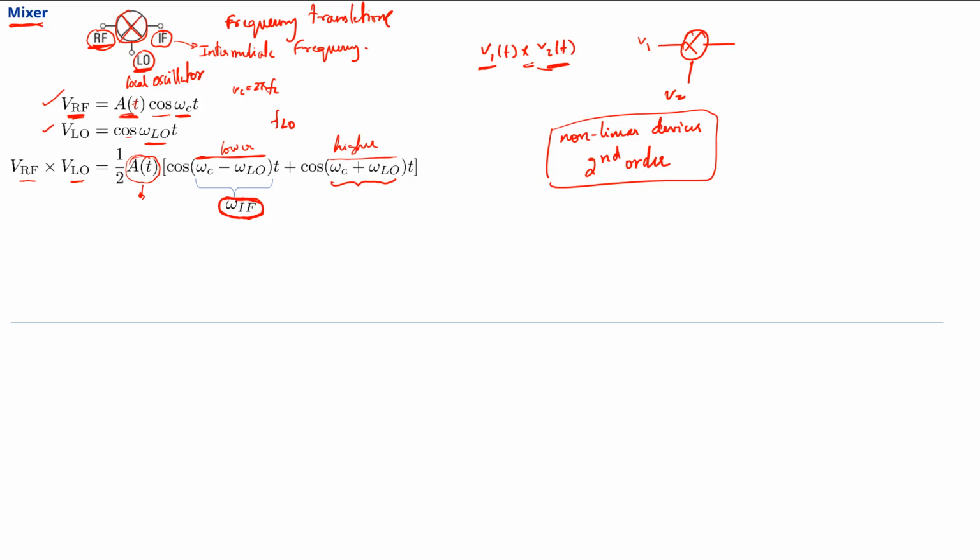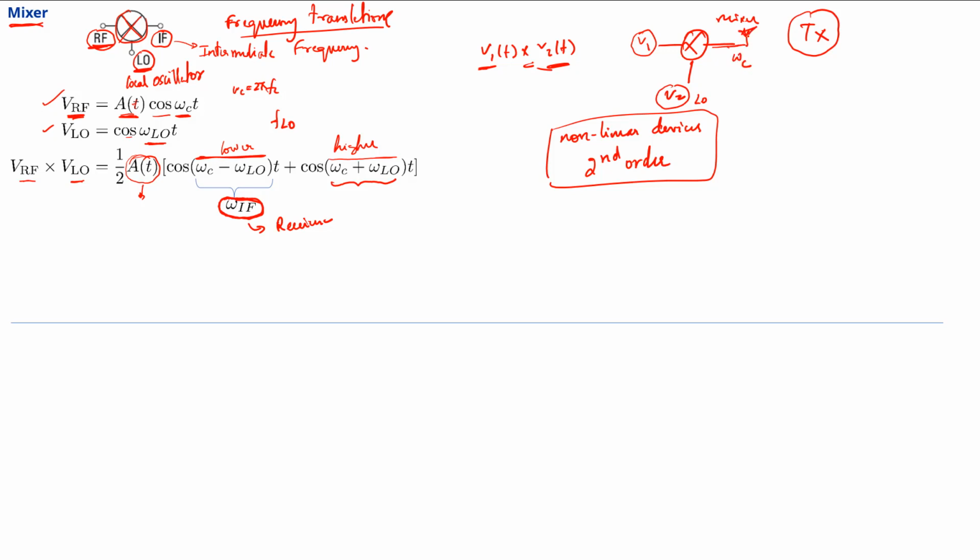Essentially, the same principle of a mixer can be used for a transmitter. The case of IF is for the receiver, but in a transmitter you have a certain baseband signal and a certain local oscillator LO, and you want to translate the frequency to something high, maybe a carrier frequency omega c.